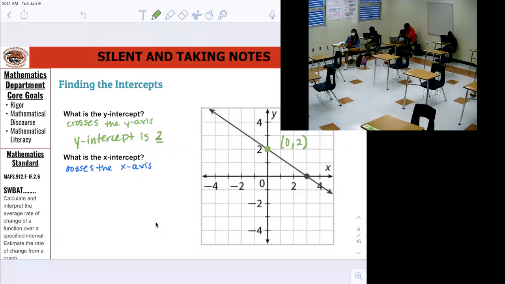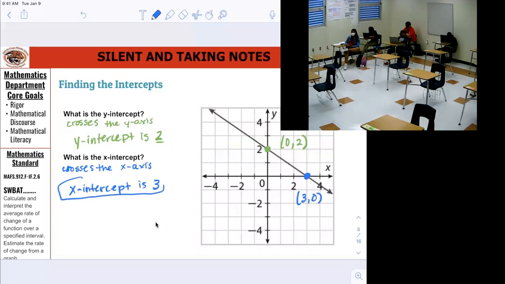What is the x-intercept? Where is it located? Where is this line crossing the x-axis? Three. Yeah, right here, (3, 0), which means my x-intercept is 3.